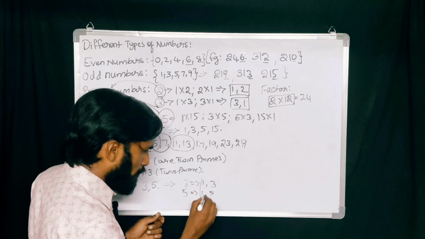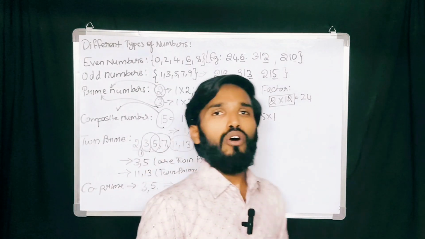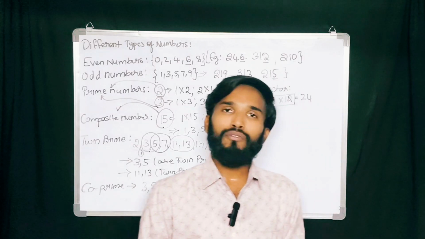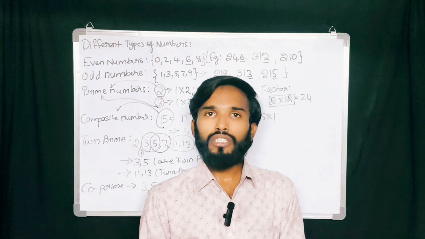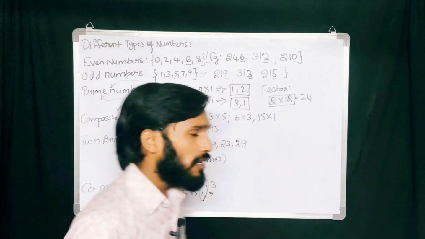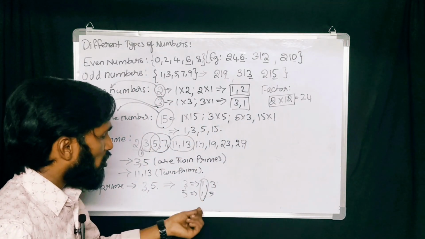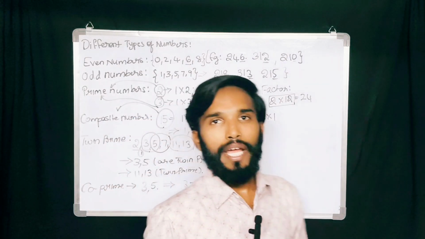What is the common number we have here? Only 1. Where you get a common factor other than 1, that is not co-prime. But when you get only 1 as the common factor in the given numbers, those are co-prime numbers.